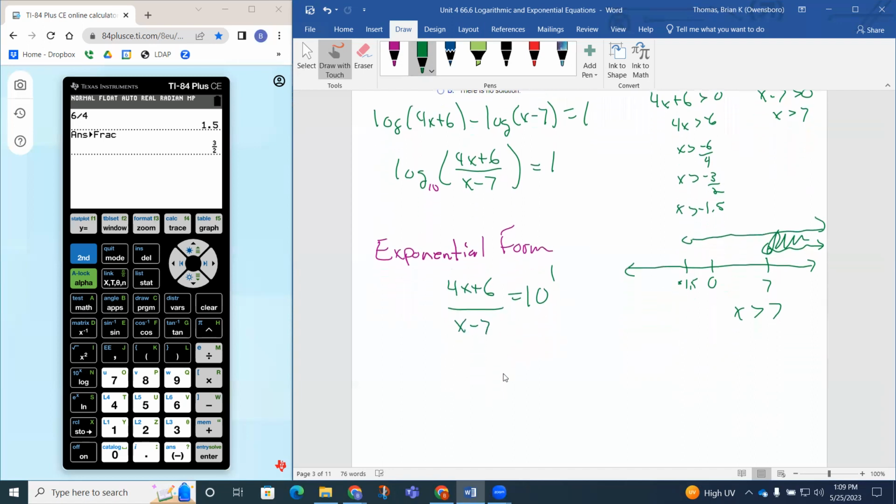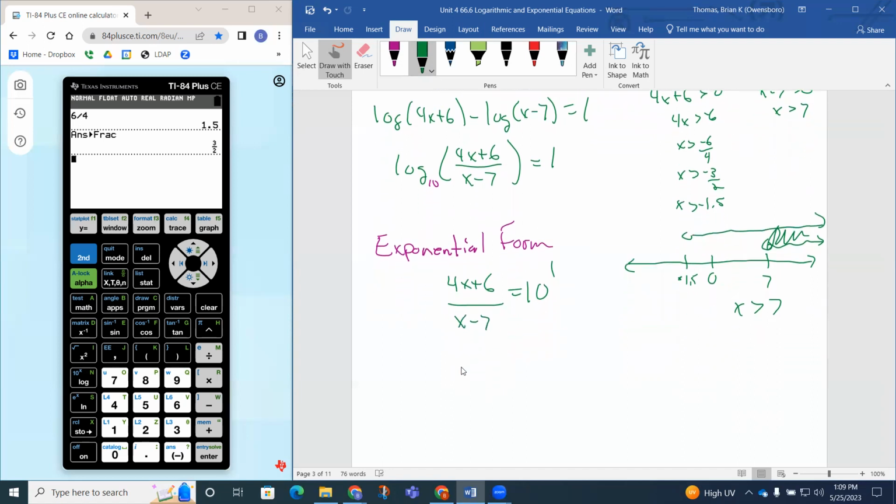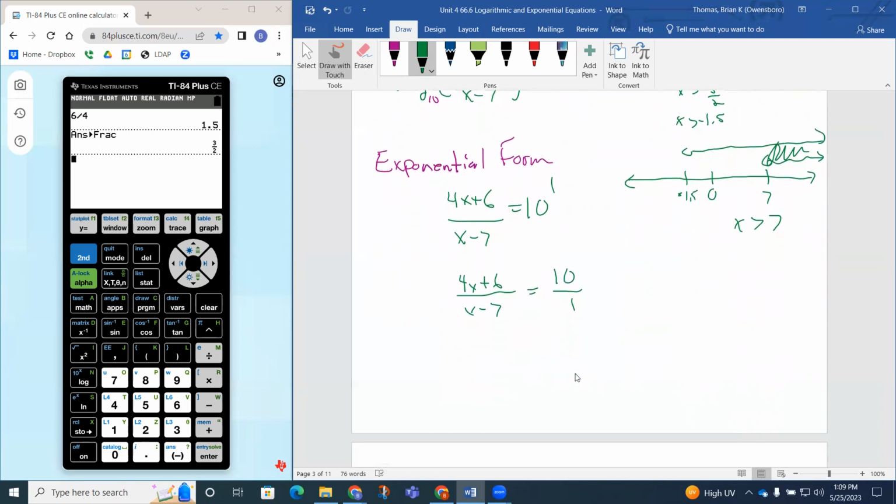We have 10 to the 1 is actually going to be 10. So 4x plus 6 over x minus 7 is equal to 10. And we can put this 10 over 1. And since this is a proportion, we are allowed to cross multiply.